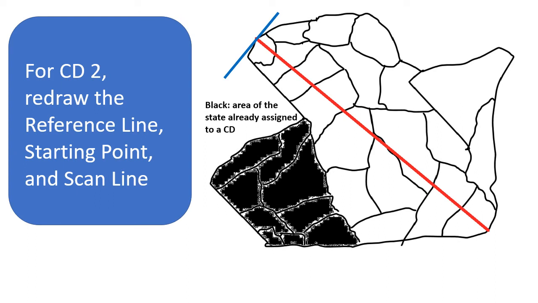Start by drawing the reference line, shown here in red, connecting the 2 most distant points in the rest of the state. Pick the western end of the reference line as the starting point. Draw the scan line, blue, perpendicular to the reference line and through the starting point.